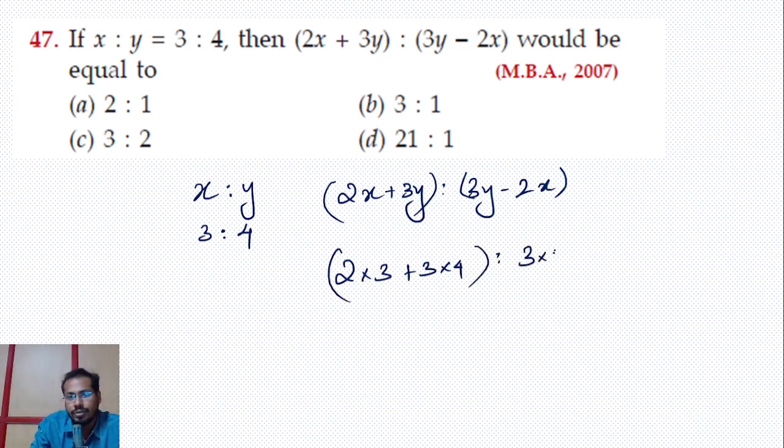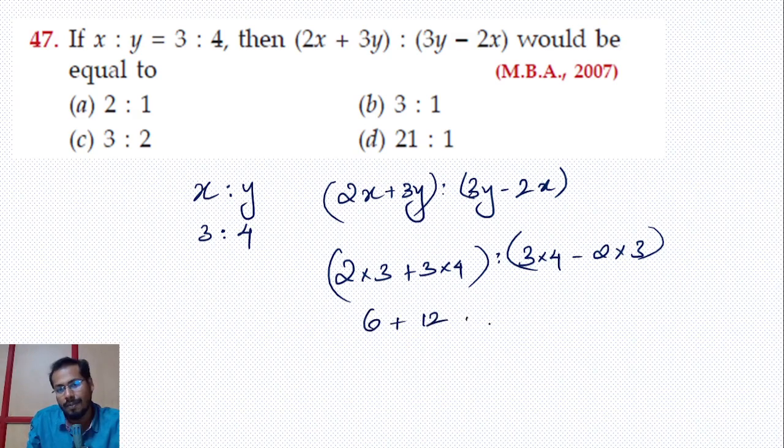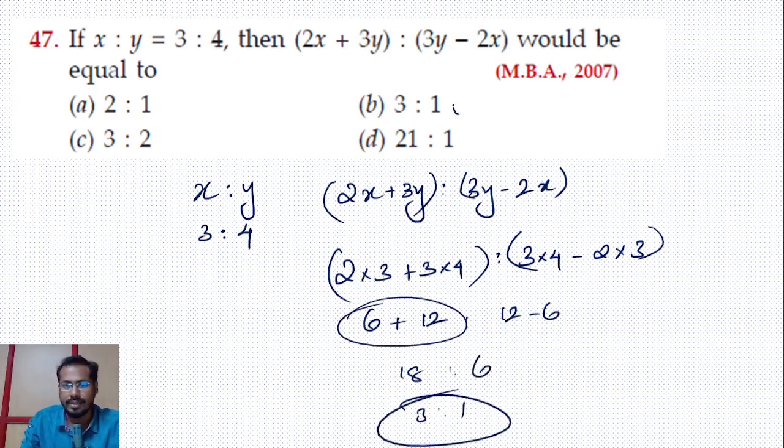Then 3 into 4 minus 2 into 3 is what? So 2 times 3 is 6, 3 4s are 12, and here 3 4s are 12 minus 6, 12 plus 6, 12 minus 6. Here it was 18 and here it was 6. 3 is to 1 is the right answer.